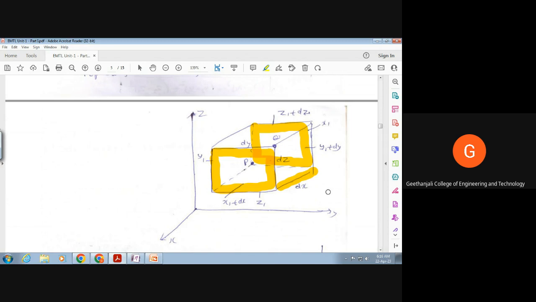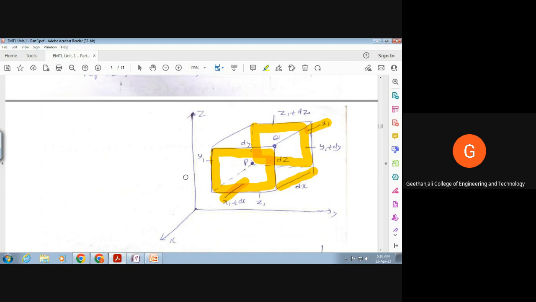Now because dx is positive, the back surface represents x is equal to x1, the front surface represents x is equal to x1 plus dx, so that the distance between these 2 is equal to dx. Similarly, the left hand surface and the right hand surface both lie in the xz plane.